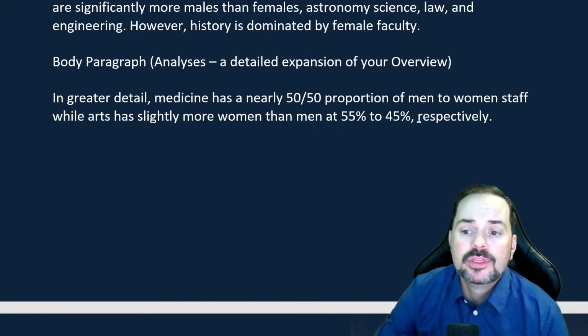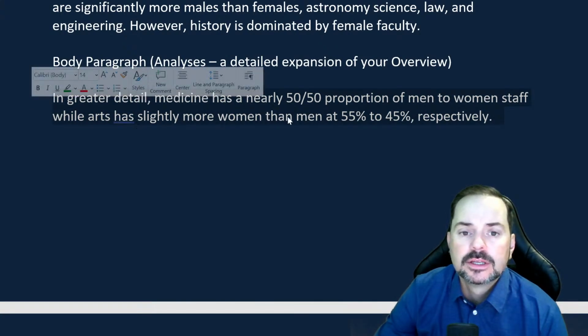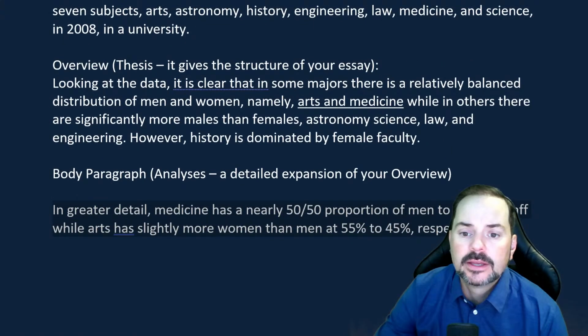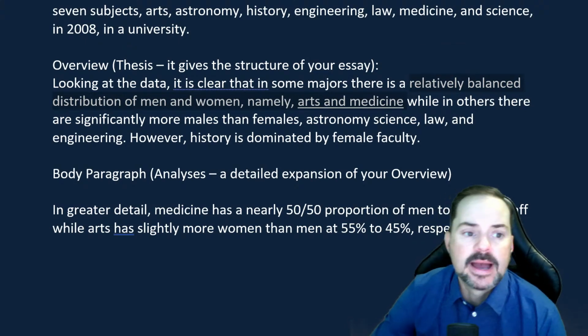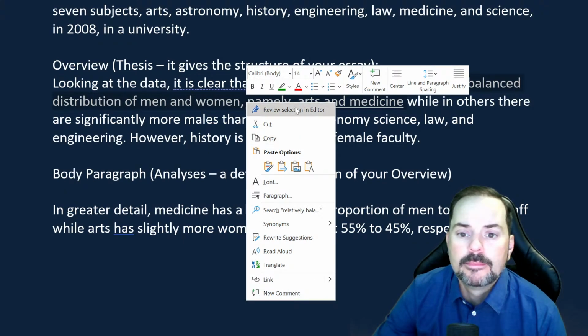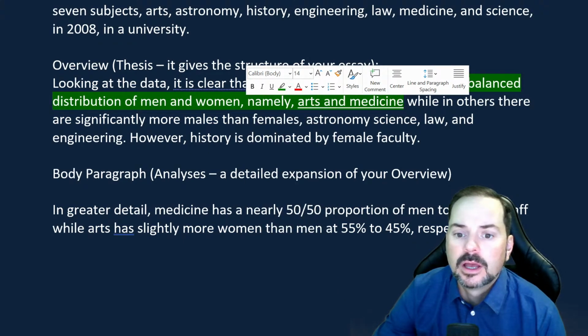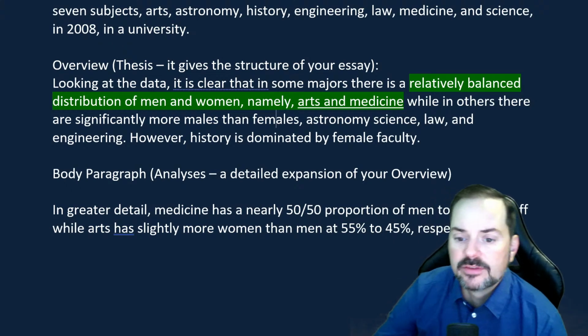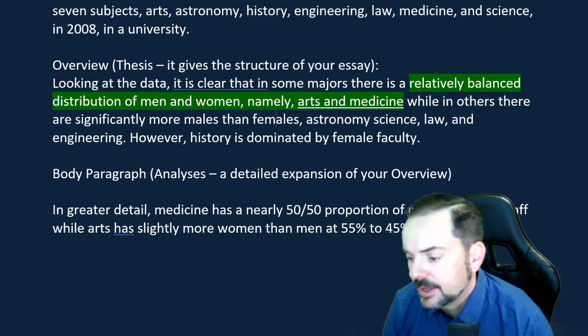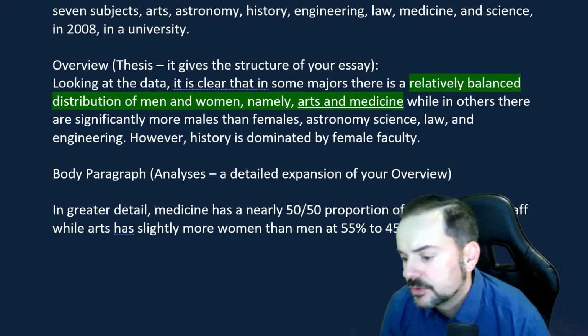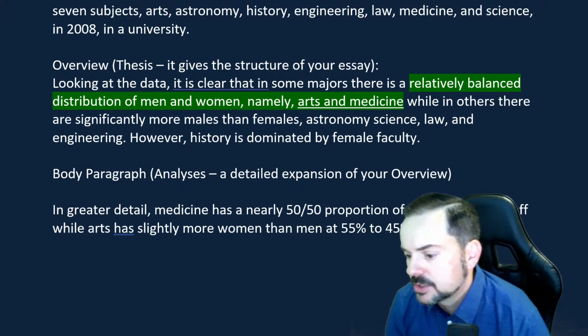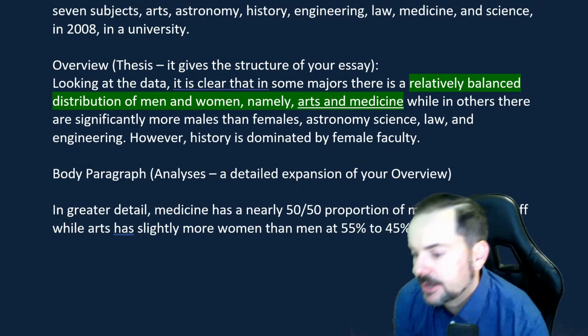So now this sentence basically gives more detail to this statement here, the relatively balanced distribution of men and women in arts and medicine. So everybody sees that, okay? And notice how I'm not getting too lost in numbers, right?